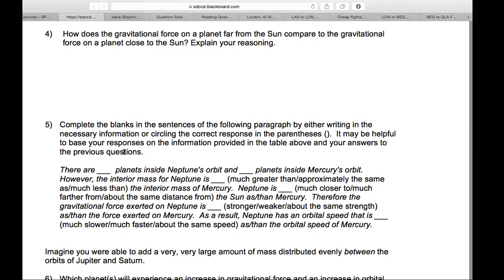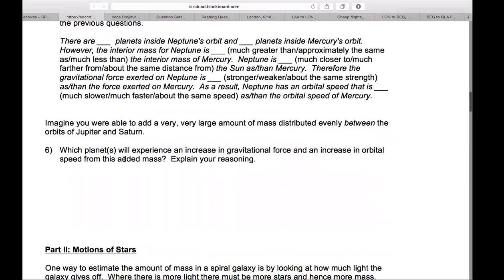Therefore, the gravitational force exerted on Neptune is stronger. Wait, Neptune you said is much... is weaker. Weaker, okay, good. Is weaker than the force exerted on Mercury. As a result, Neptune has an orbital speed that is much slower. Okay, very good. So the force of gravity is related to the speed of an object. That's the idea over here.